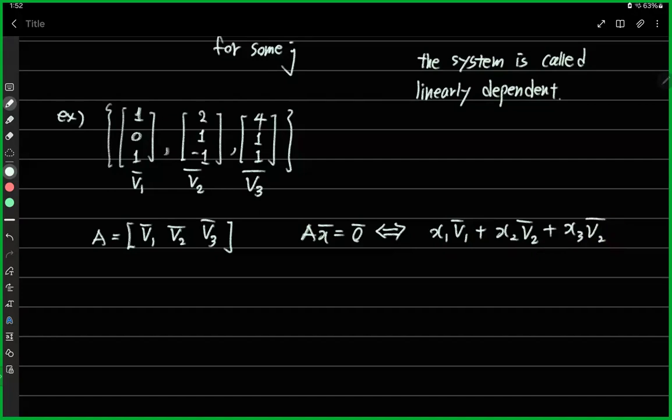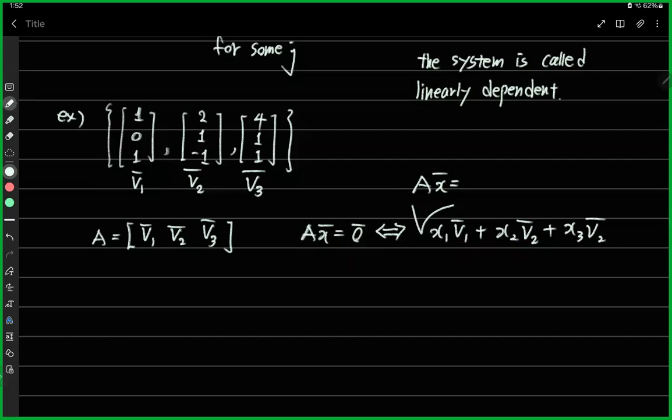We did that. A x bar equals this, right? So this is a linear combination of vectors. You should be familiar with the other expression of the matrix equation: a matrix equation can be written as a linear combination of vectors.